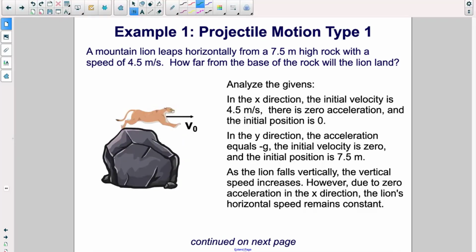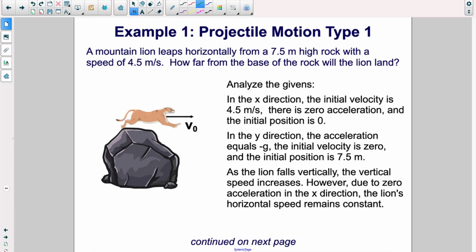Analyze the givens. In the x direction, the initial velocity is 4.5 meters per second. There's 0 acceleration in the x dimension, and the initial position, we're going to say, is 0. In the y direction, the acceleration equals negative g since the lion is in free fall.